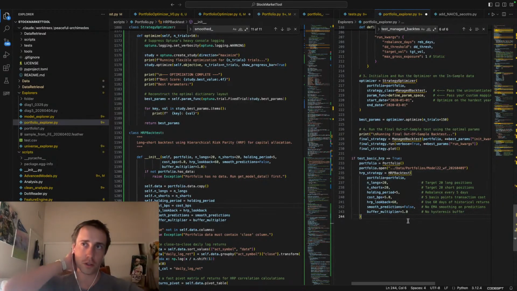20 long positions, 20 shorts, rebalance every 5 days. Holding period is 5.